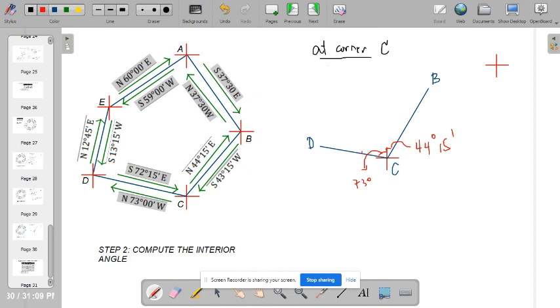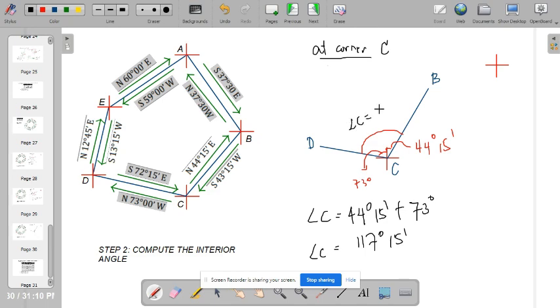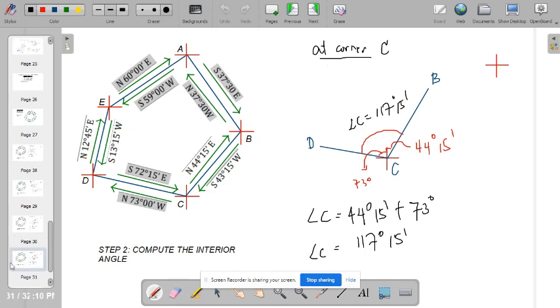Now we can easily get the angle C by adding up these two angles. So angle C is simply equal to 44 degrees 15 minutes plus 73 degrees. So angle C is equal to 117 degrees and 15 minutes. So this is your angle C: 117 degrees and 15 minutes. All right, next, we get our corner D.